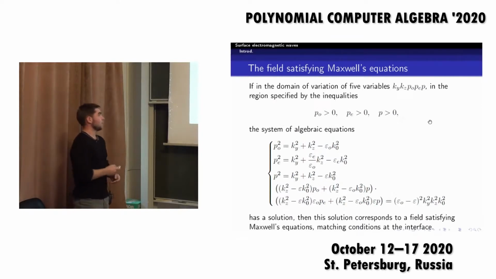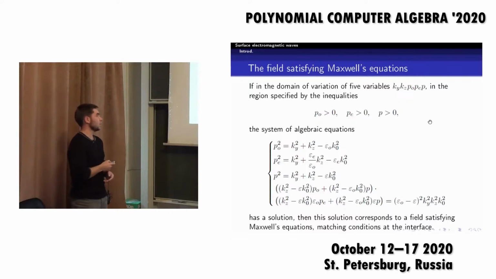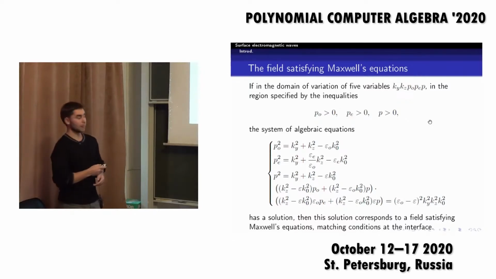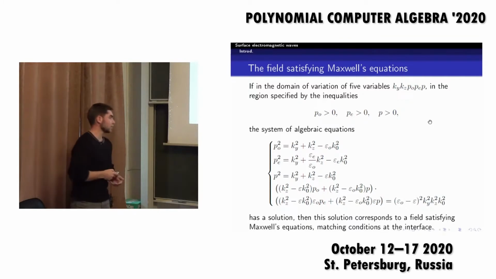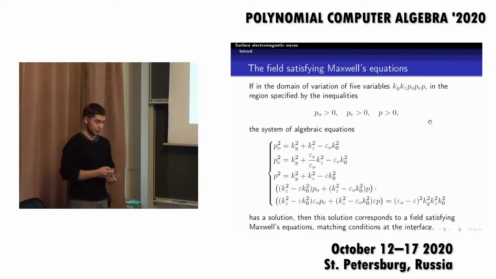The domain of the variables is a 5-dimensional space, specified by three inequalities. The system of algebraic equations has a solution, and this solution corresponds to a field satisfying Maxwell's equations and the matching conditions at the interface.